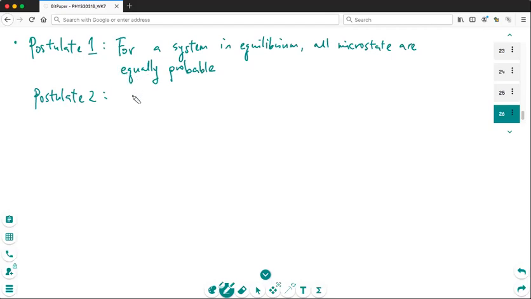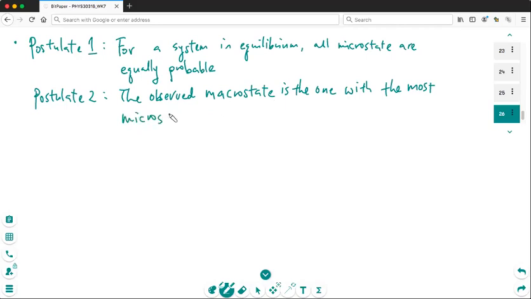Okay, postulate 2: the observed macrostate is the one with the most microstates.